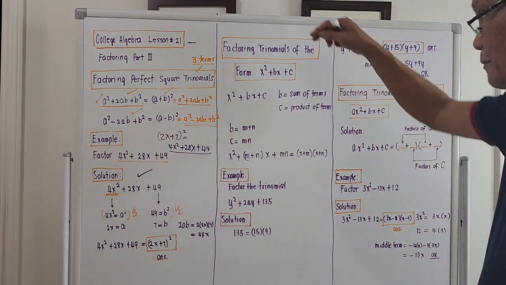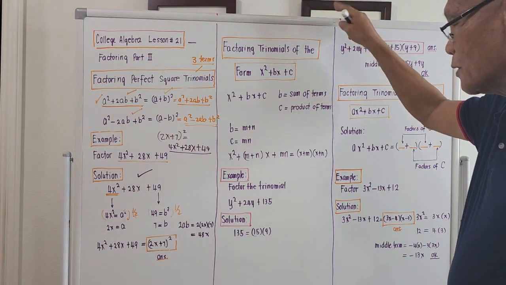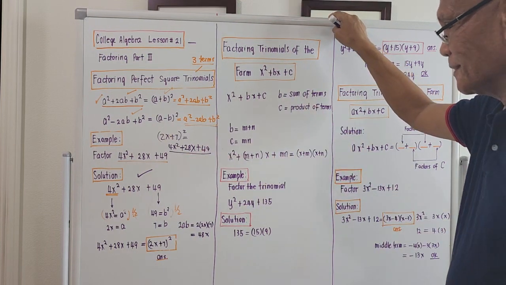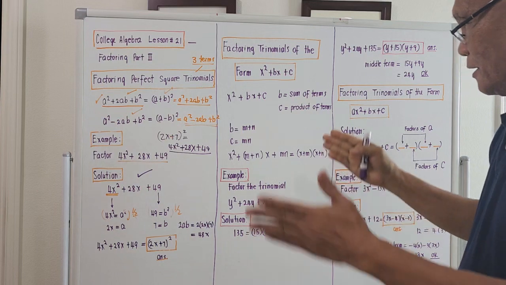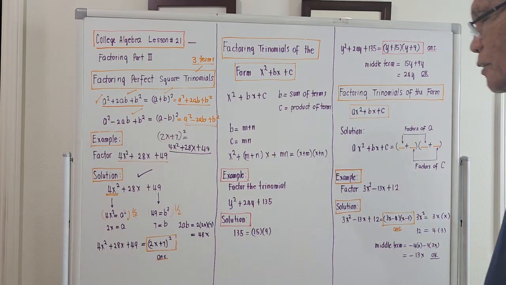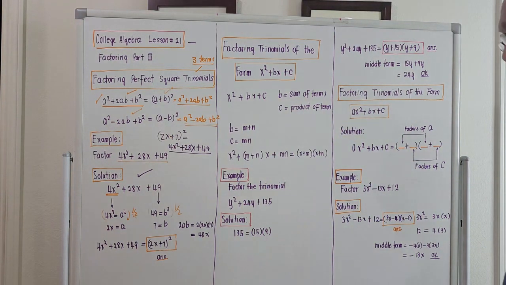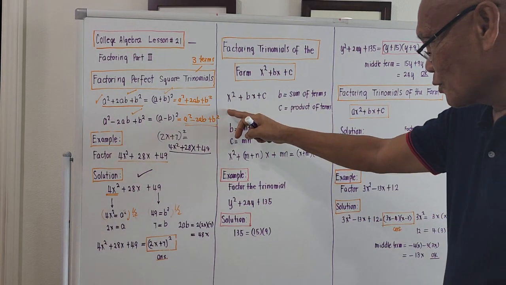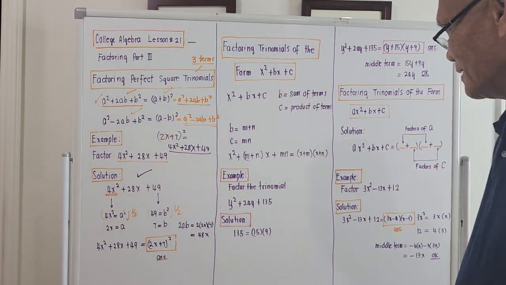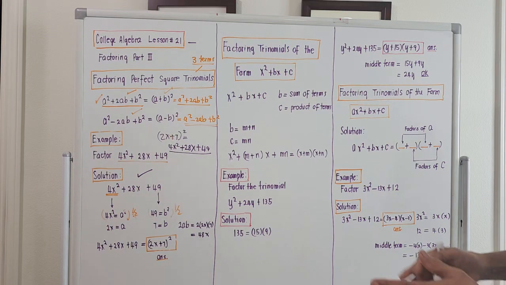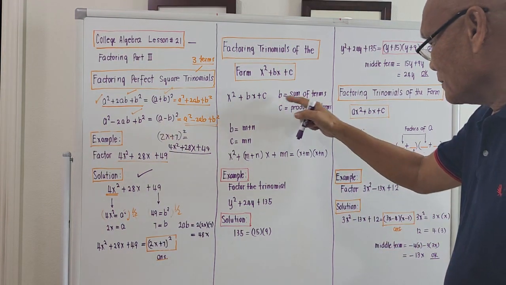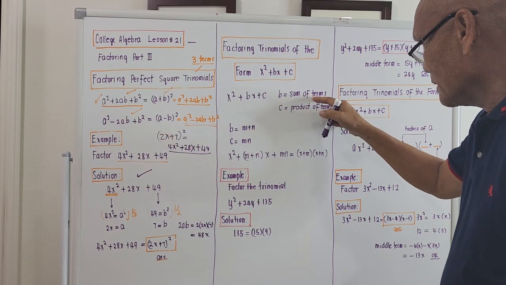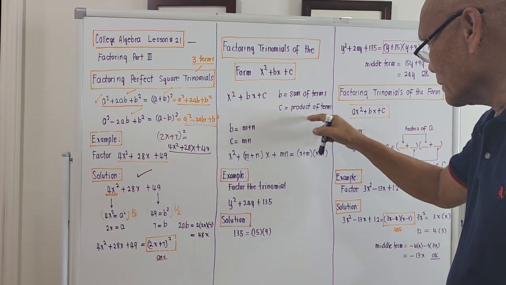Next one. Factoring trinomials of the form x squared plus bx plus c. It's a quadratic expression. Okay, there will be a representation for this. We let b be the sum of terms, and c will be the product of the terms.